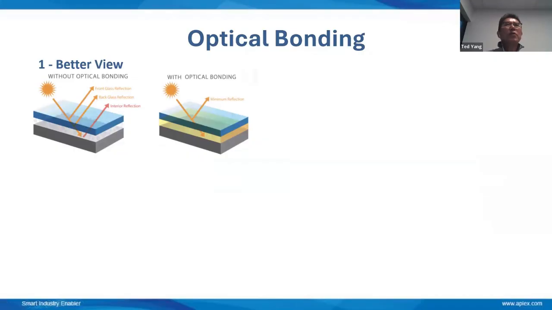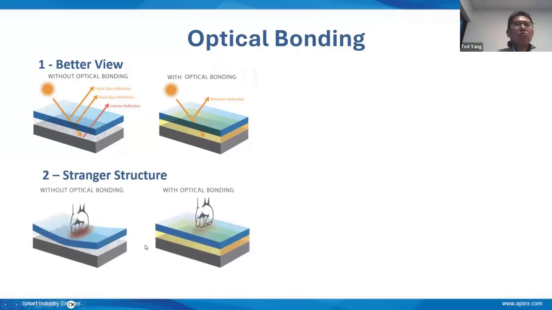If you have optical bonding, you can see the reflection is reduced. Without the bonding, you can see the reflection from the surface of the glass, the back of the glass, and the LCD itself. But with the bonding, you only see one.